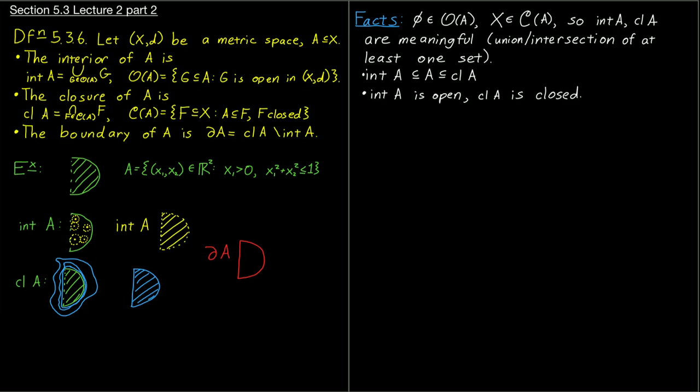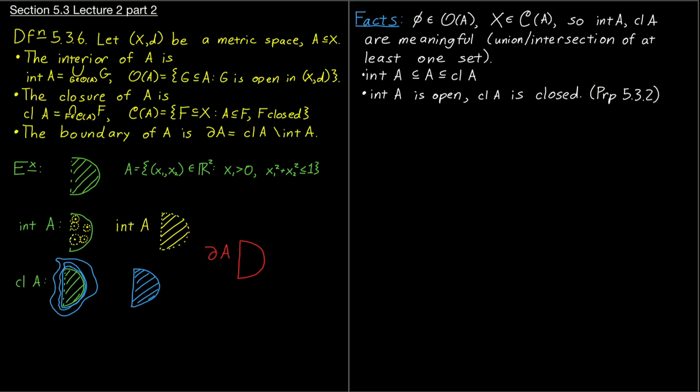And that just follows from Proposition 5.3.2, which says that you can take the union of as many open sets as you want and you get an open set. You can take the intersection of as many closed sets as you want, you get a closed set. You're usually going to have infinitely many open subsets of A, probably uncountably many open subsets, but that's okay. You can still take arbitrary unions.